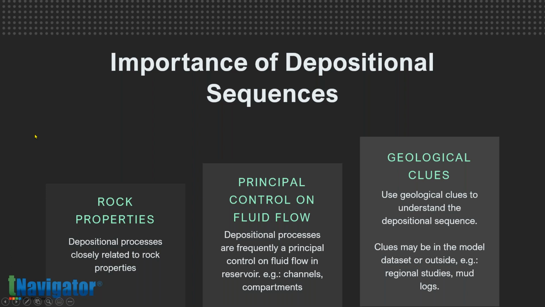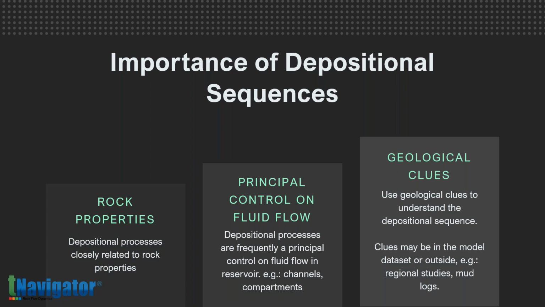So why are depositional sequences important? The first one is at a fine scale of rock properties with porosity and permeability. A lot of the time, the depositional sequence is the primary control over those important properties.